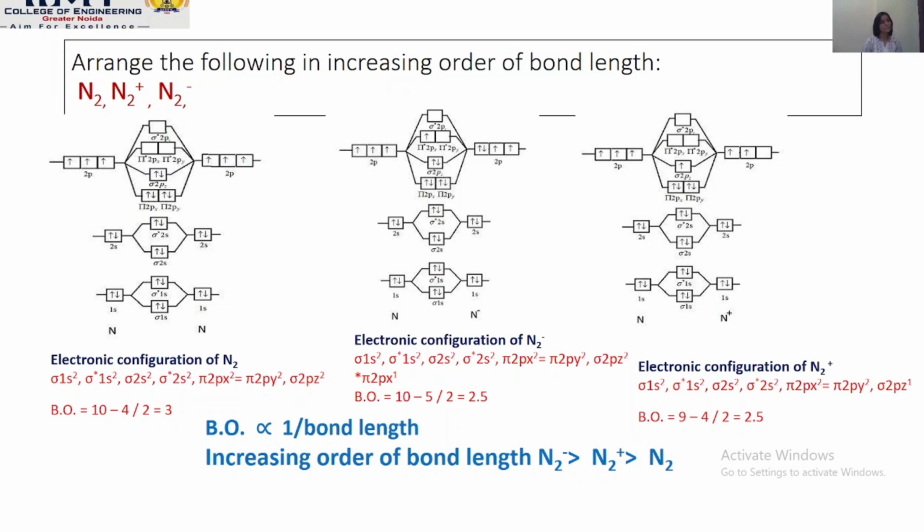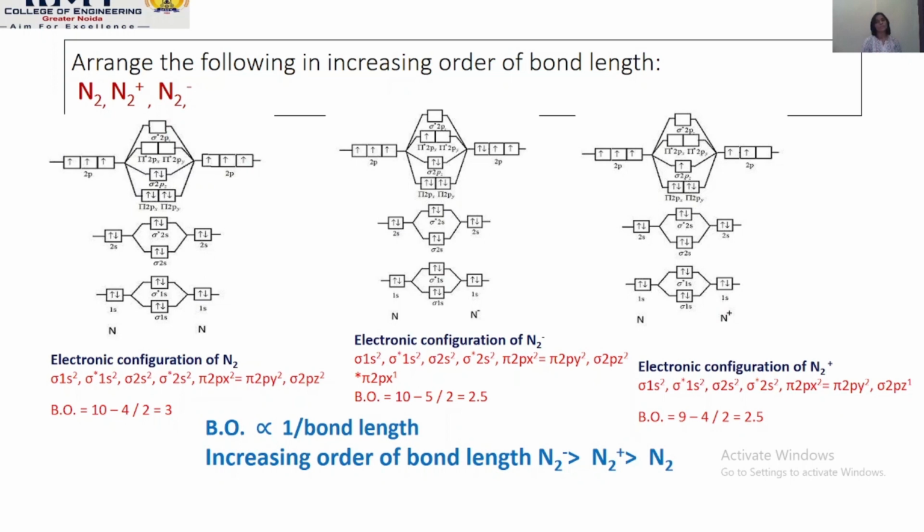And the bond order is 3, as the number of electrons in bonding is 10 and the number of electrons in antibonding is 4. Electronic configuration of N2 minus is sigma 1s2, sigma star 1s2, sigma 2s2, sigma star 2s2, pi 2px2 equal to pi 2py2, sigma 2pz2, pi star 2px1. As the number of electrons in bonding is 10 and in antibonding is 5, the bond order of N2 minus is 2.5.